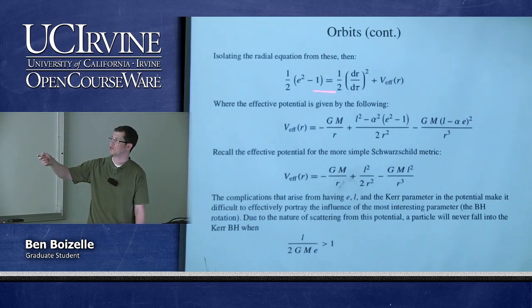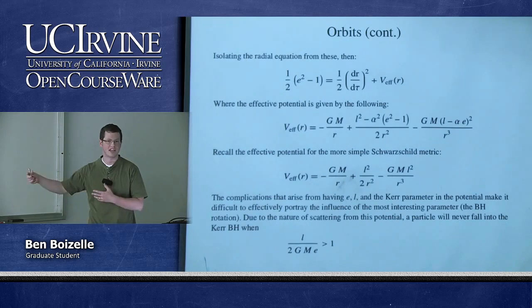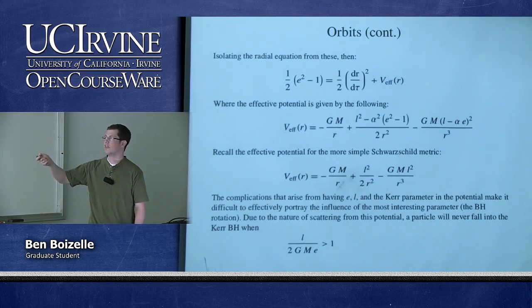This here, of course, is just related to the energy of the object around the black hole. Oftentimes, we just treat that as being equal to 0. In other words, it has 0 kinetic energy at infinite r. And in that case, E would just be equal to 1, which is how we did it in class for the Schwarzschild.